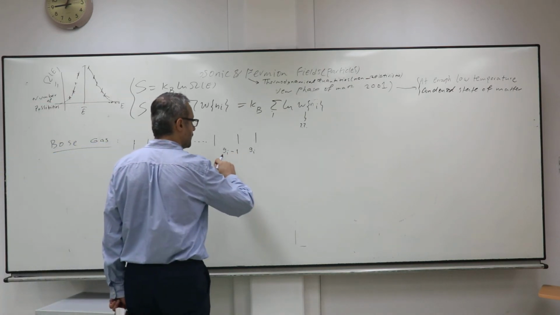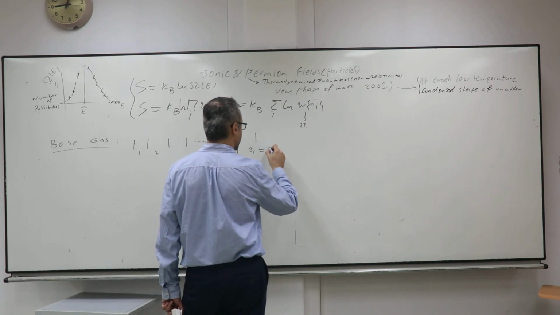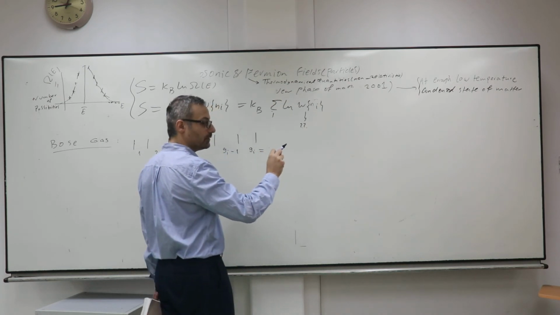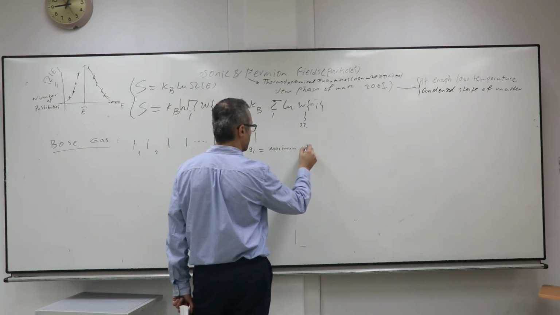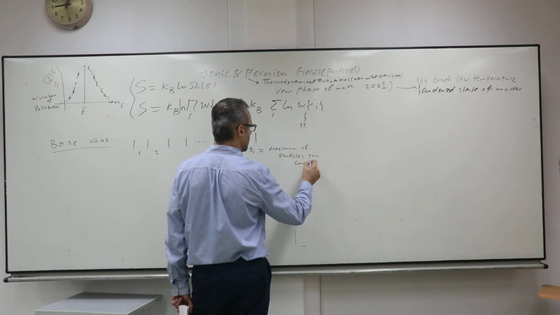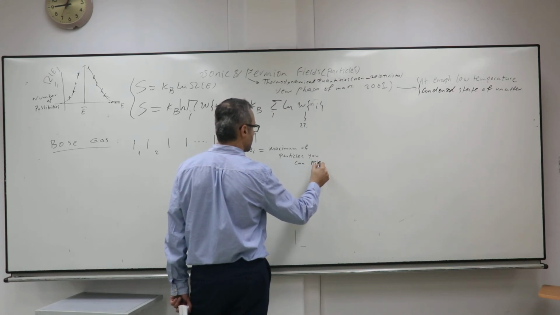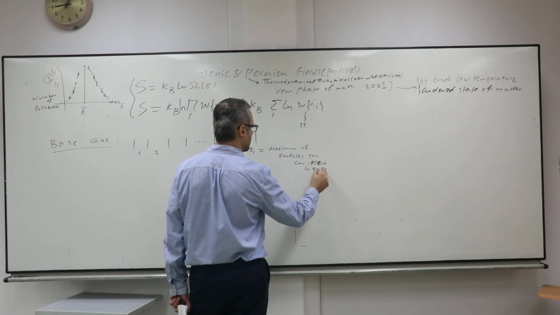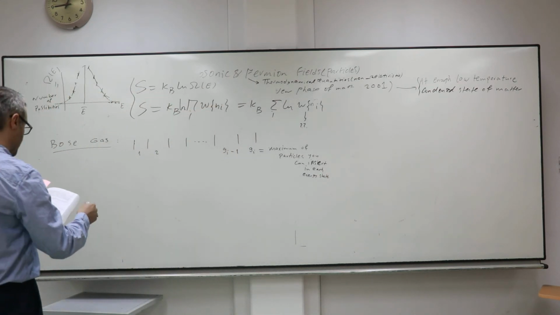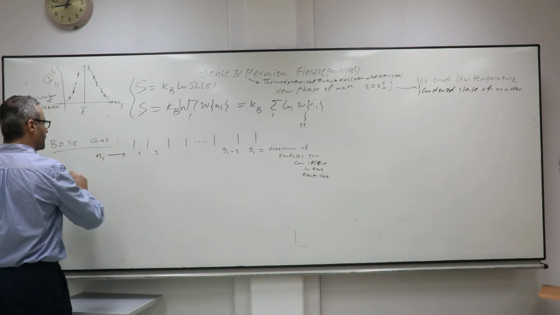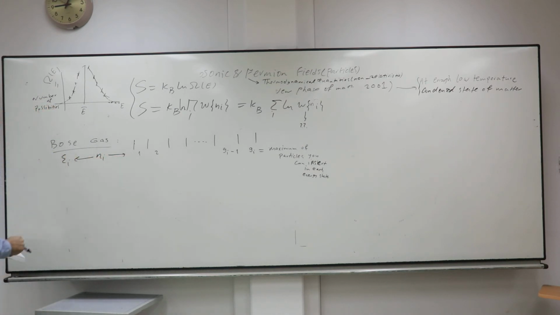Gi is the maximum number of particles which you can insert in each energy state. And the total number of particles in this energy level is Ni.